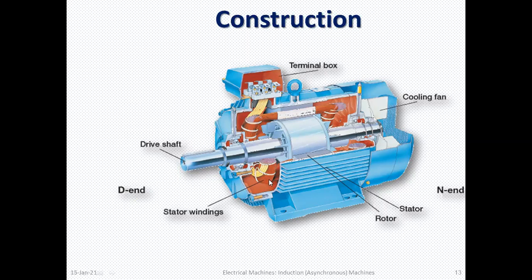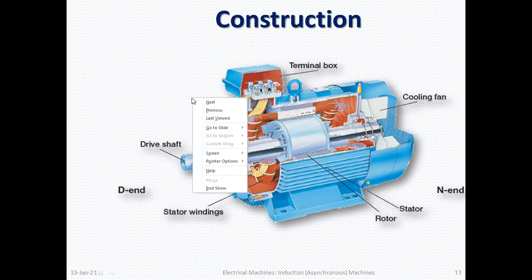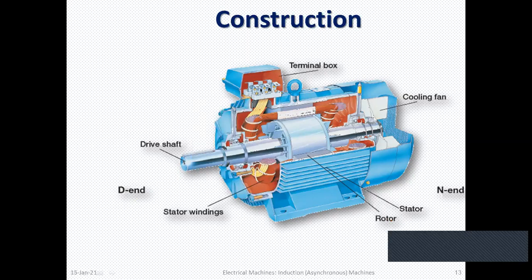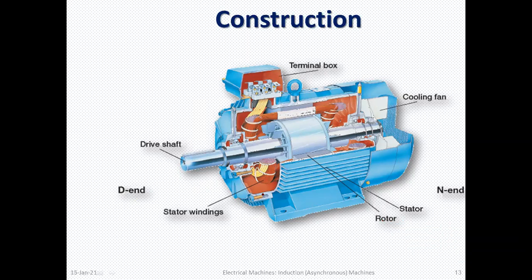In fact, this stator creates a three-phase rotating magnetic field. This is the stator. When the three-phase supply is given to the stator winding, three-phase rotating magnetic fields are produced, and this rotating magnetic field interacts with the rotor conductors, rotor bars.